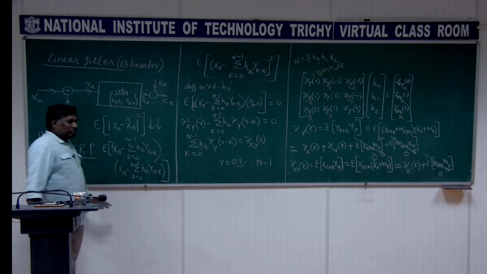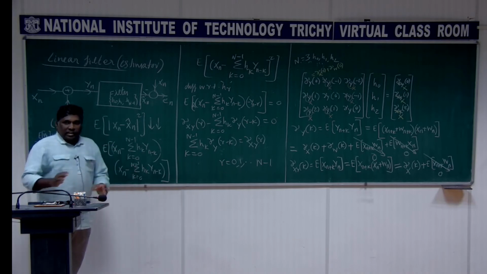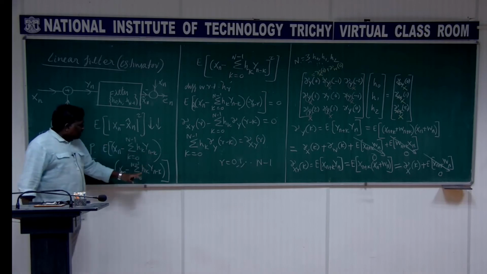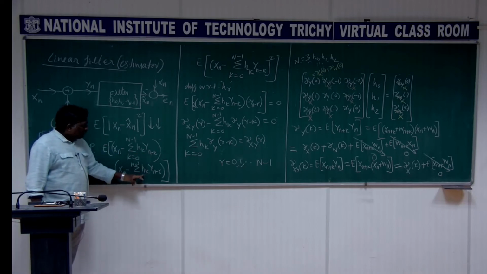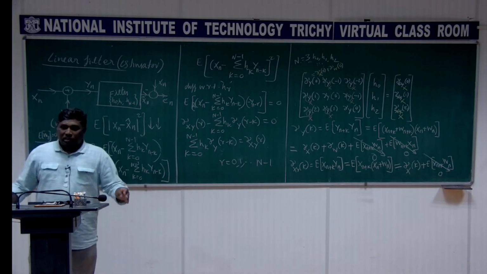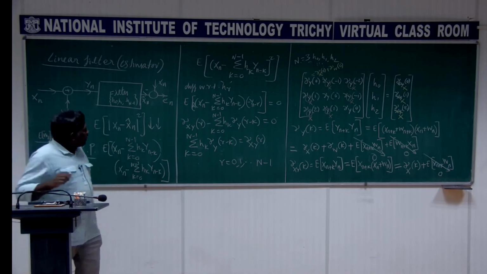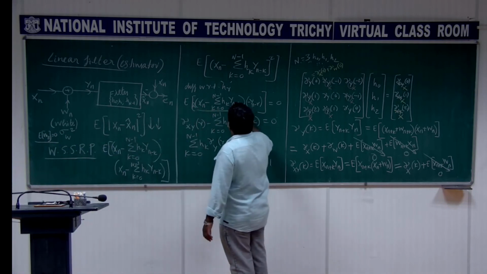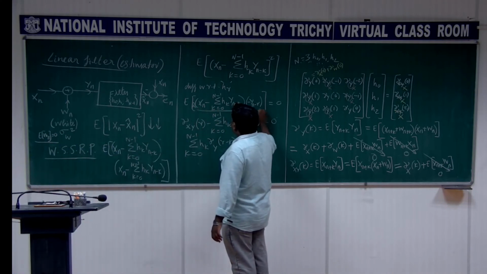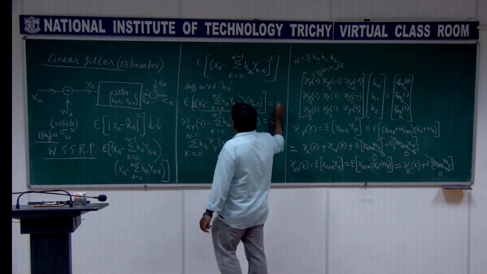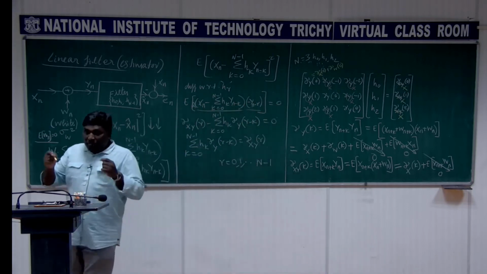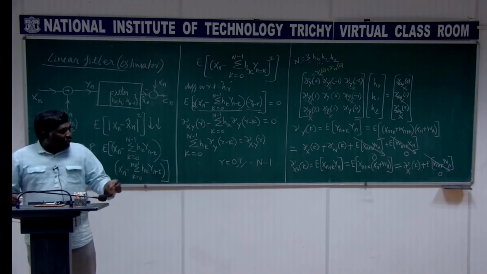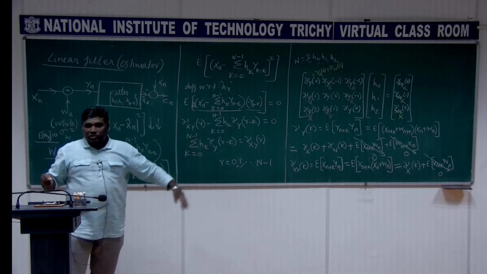When it is getting multiplied with the xn, we get the expression. But when it gets multiplied with your hk, the second term, we already know that when it is multiplied with y and we take the expectation, that becomes 0. We are making them 0. That is the requirement. Only by making it 0, we got this expression.